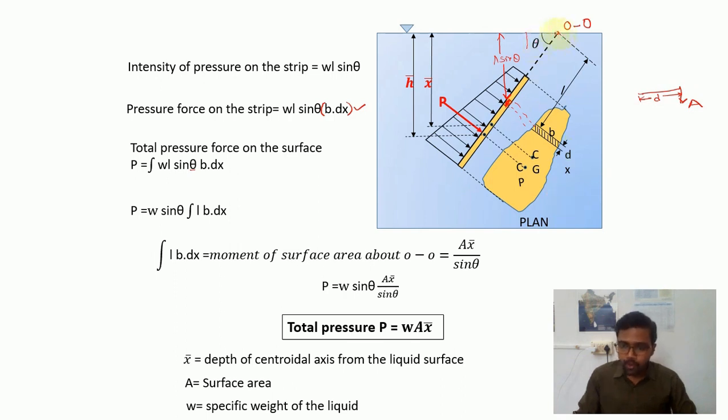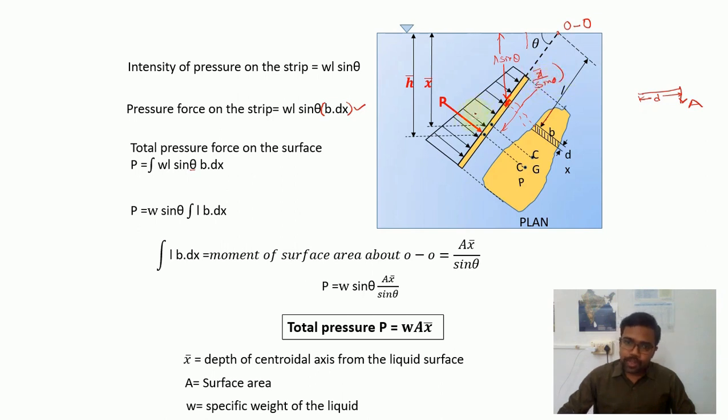So about OO it is the moment of area, and we have to take the distance from the centroid. So it will be x bar by sine theta.